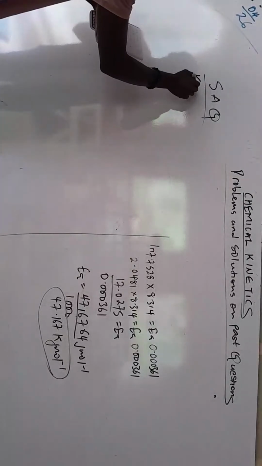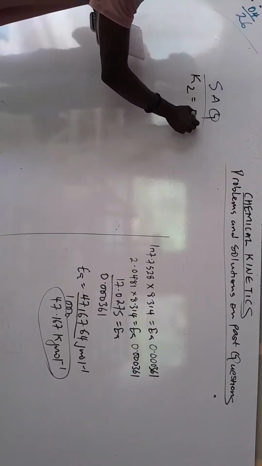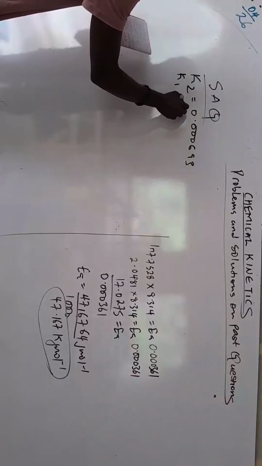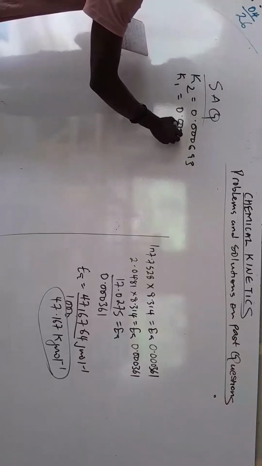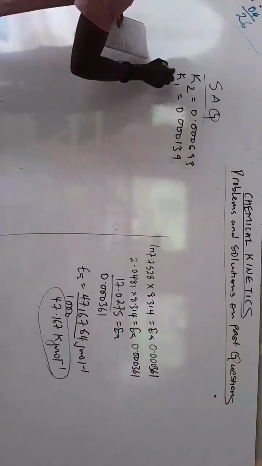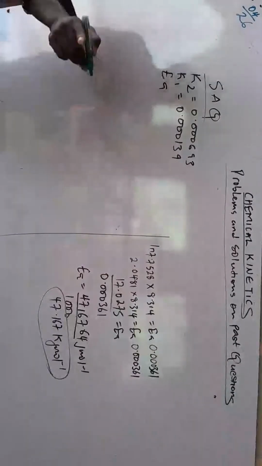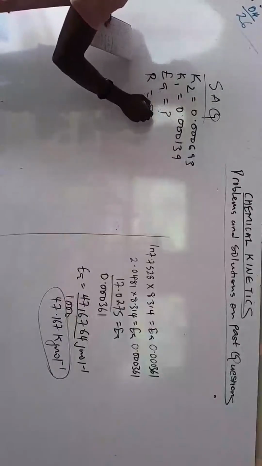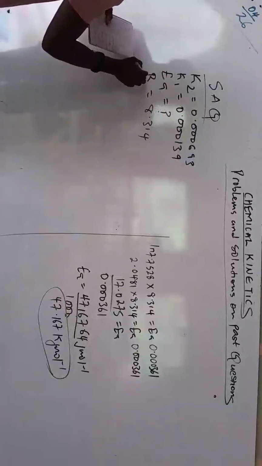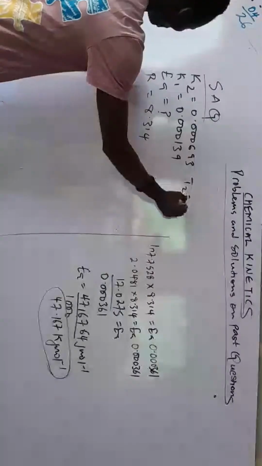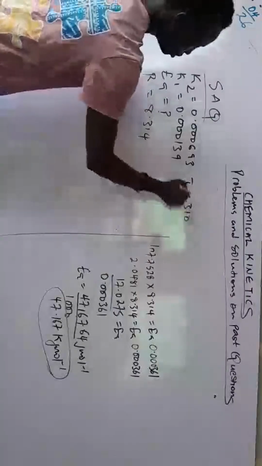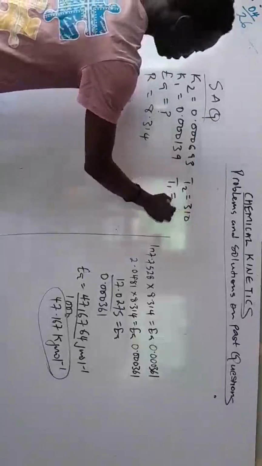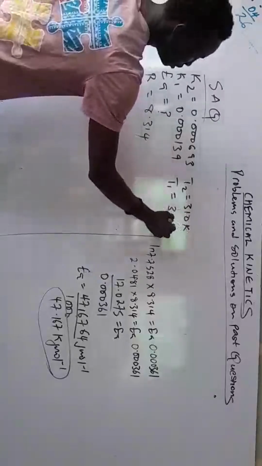When you are given your K2 to be 0.000693 and your K1 is given to be 0.000139, then you need to look for the activation energy. The gas constant remains 8.314, and you are given temperature 2 to be 310 and temperature 1 to be 300, both in Kelvin.